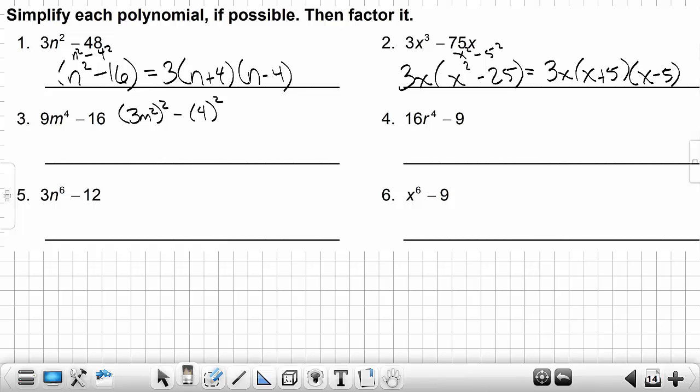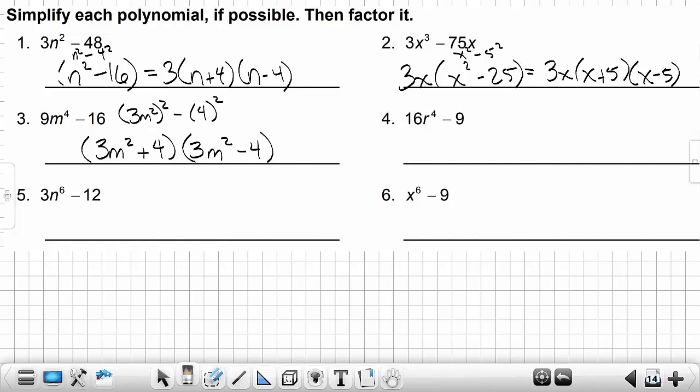So Raymond, what's this going to factor into? So it's going to be a plus b, which is going to be good job.